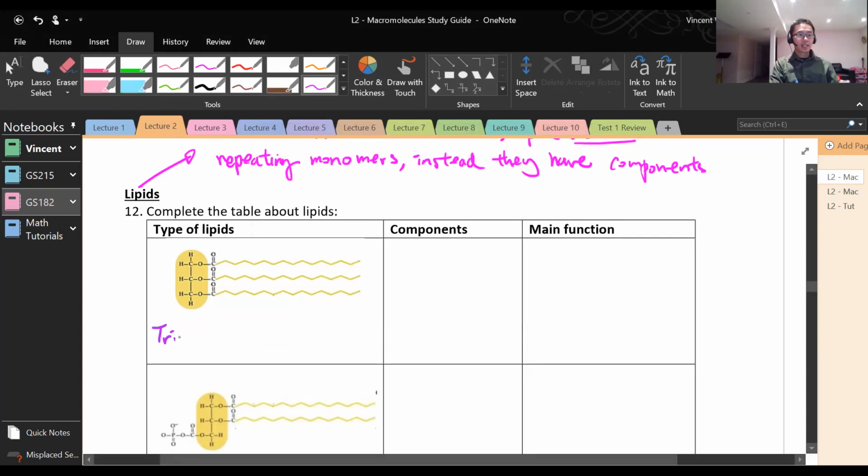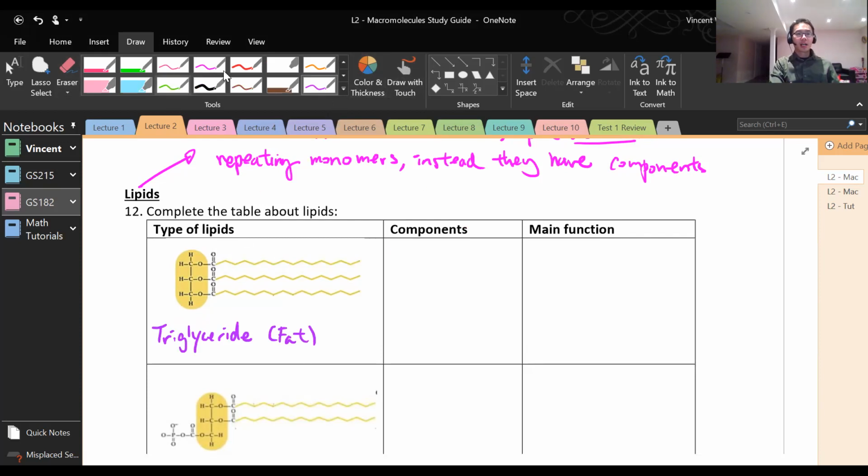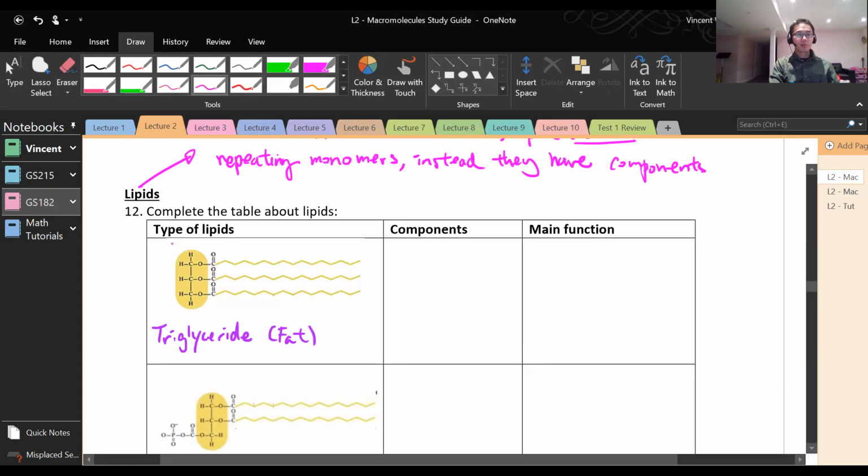This is a triglyceride, which is a fancy word for good old fat. What is the triglyceride made up of? It has two major components. To build a triglyceride, we need this molecule right here, which is called glycerol.